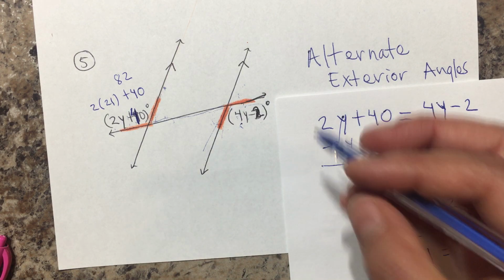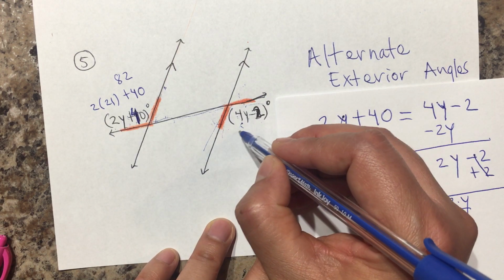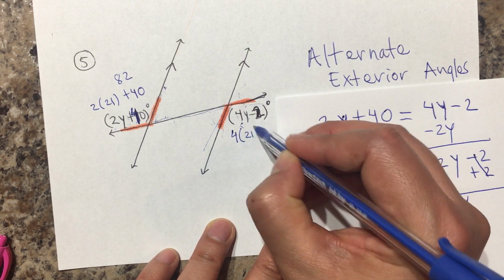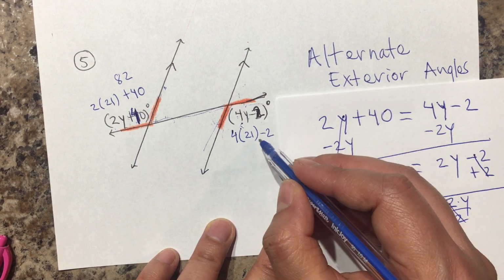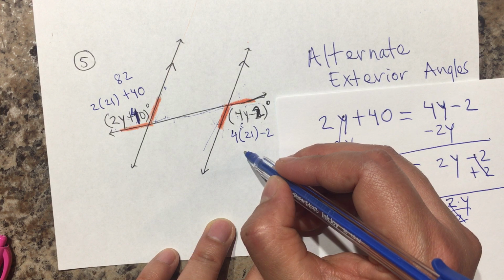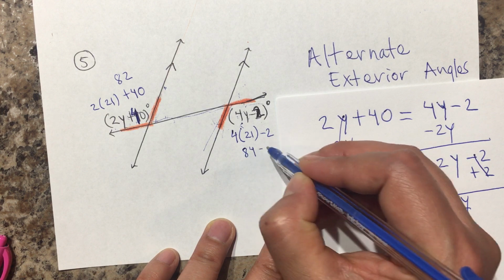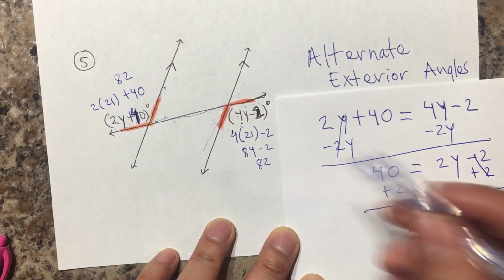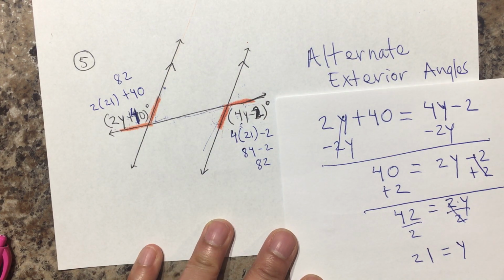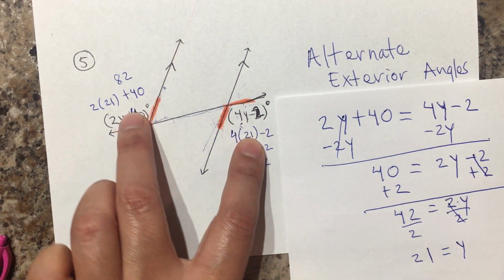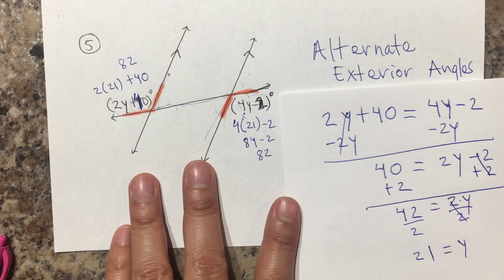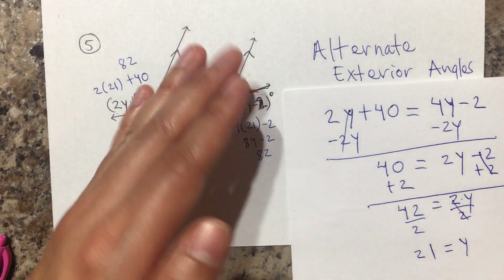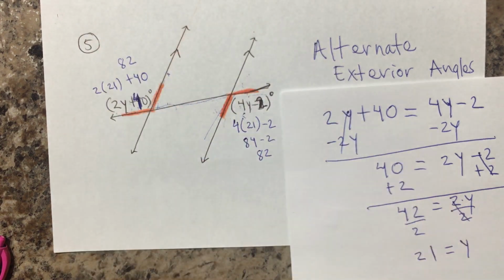Okay, and then in here, 4 times 21 minus 2. 4 times 21 is 84 minus 2, that's 82 degrees. So they are congruent to each other. Again, it's not drawn to scale, so in reality it should be more this way.